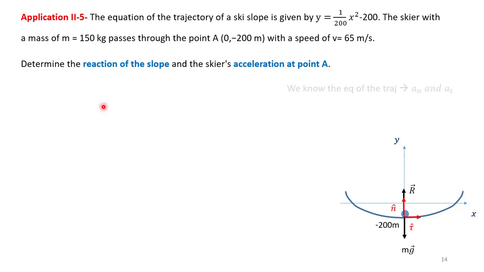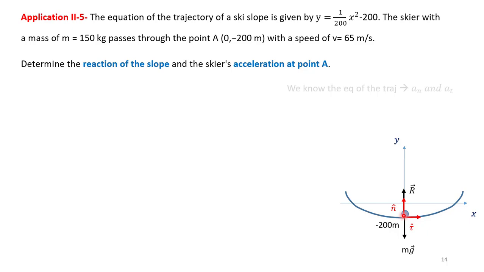The skier with a mass of m equal 150 kilograms passes through the point A. So our point A is here. It has as coordinates x equals 0 and y equal minus 200 meters. So at this point A, we have a speed. The speed is equal to 65 meters per second.